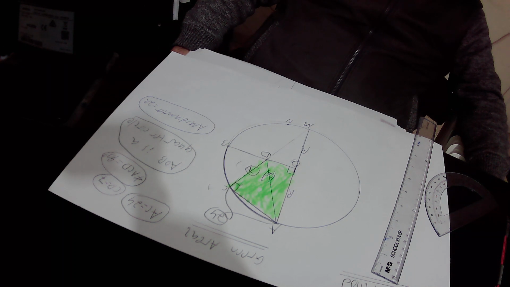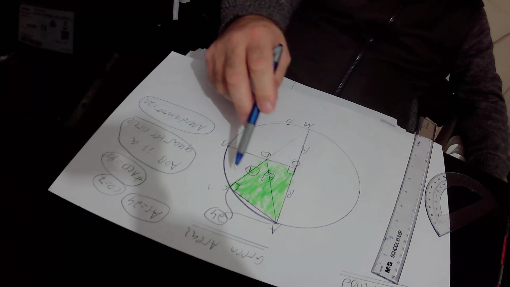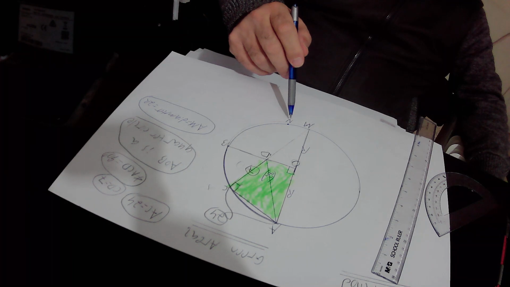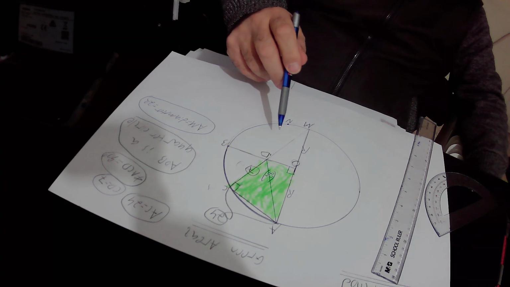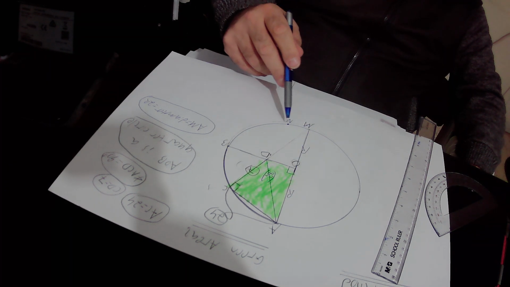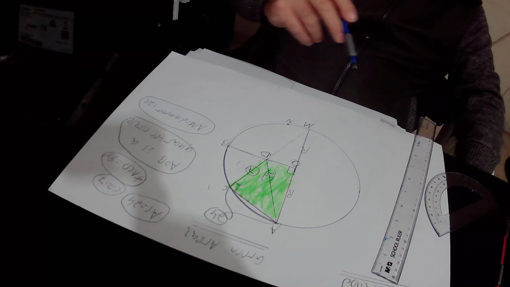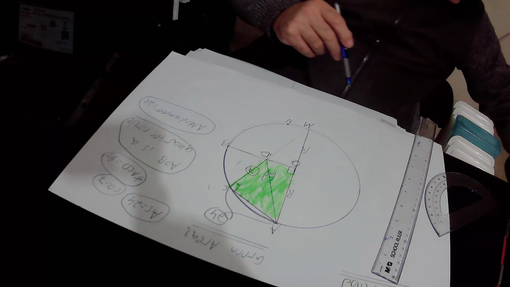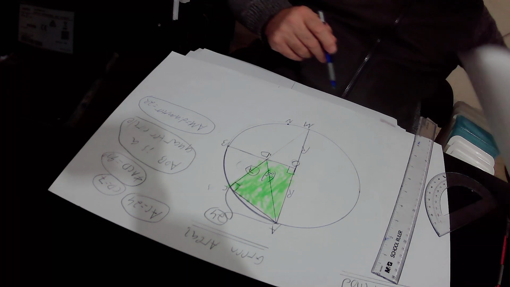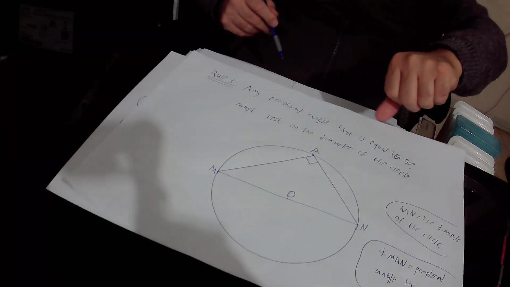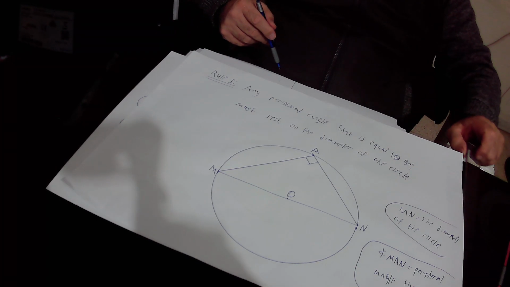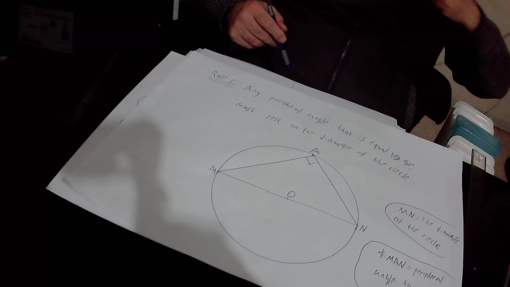But it is impossible that peripheral angle ACN, that is equal to 90 degrees, rests on AN. It contradicts rule number 5. Why? Because according to rule number 5, any peripheral angle that is equal to 90 degrees must rest on the diameter of the circle.